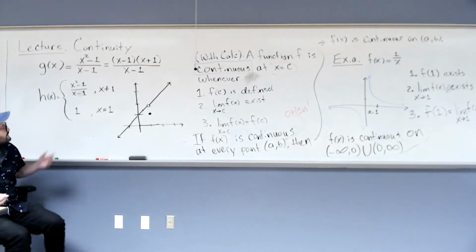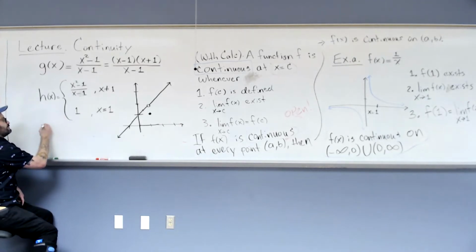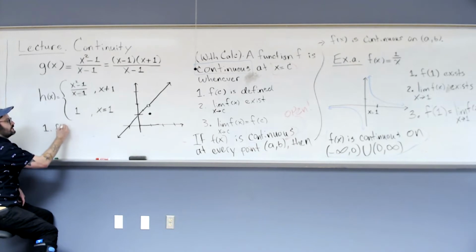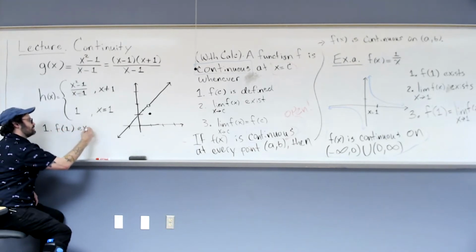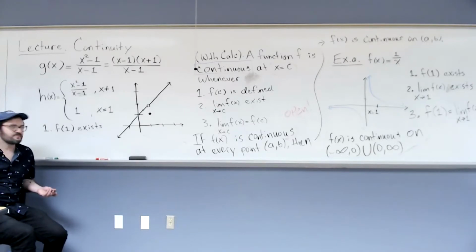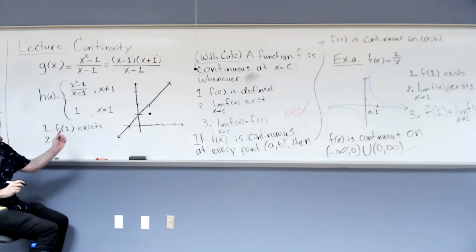So now notice that if we're looking at the definition, h of 1 exists. Right? It exists.